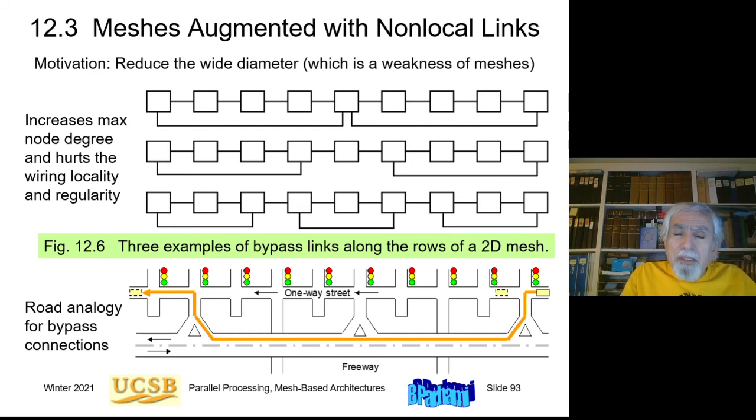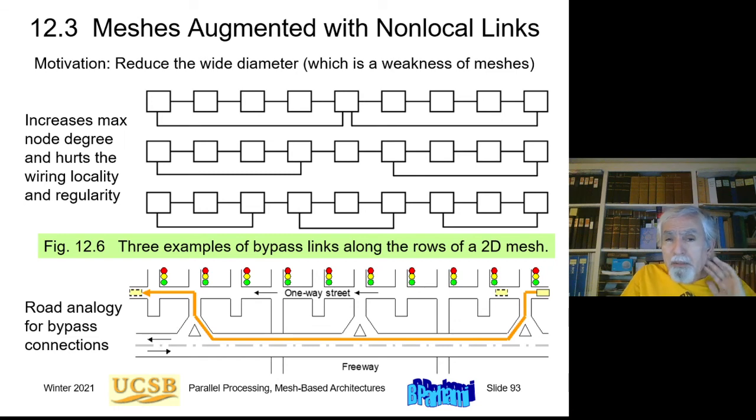Another idea is that one of the disadvantages of meshes is that the diameter is fairly large. So if you have a 100 by 100 mesh, the diameter is almost 200, okay? That's 198 actually, so almost 200. So it has a large diameter.